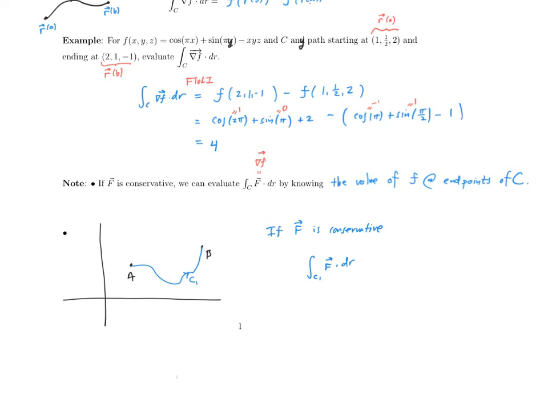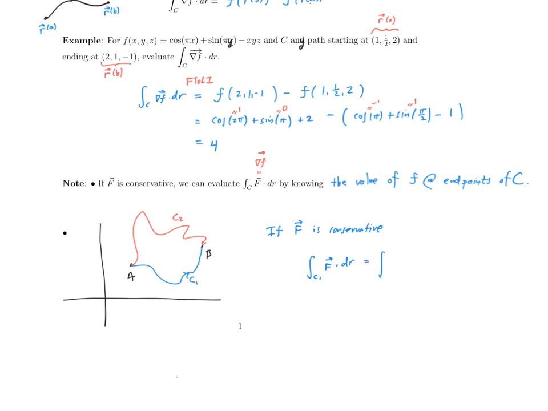And what I want to observe is that there's nothing special about this curve C1 when it comes to evaluating the line integral. That is to say, if we had a separate curve, and I'm drawing something rather extreme looking, call it C2, connecting A to B, that would give us the same exact value.